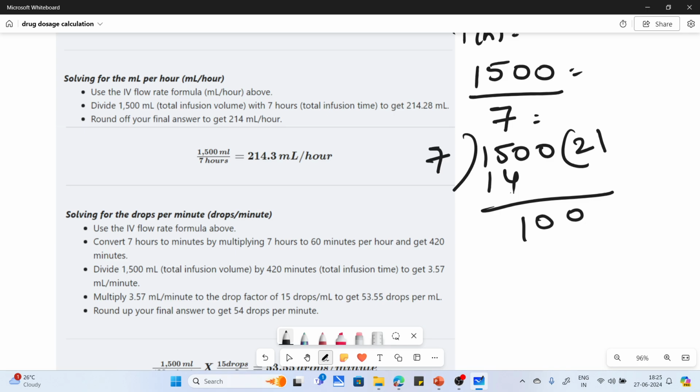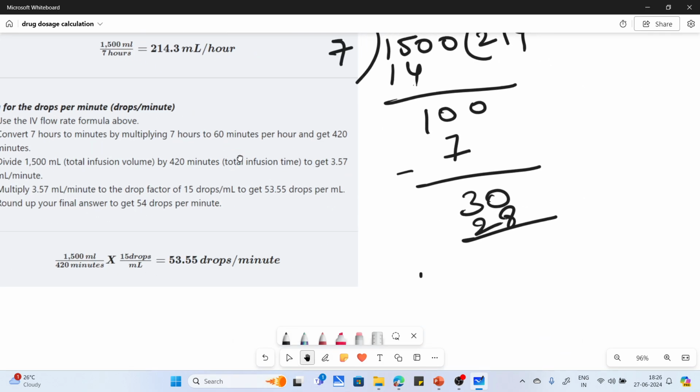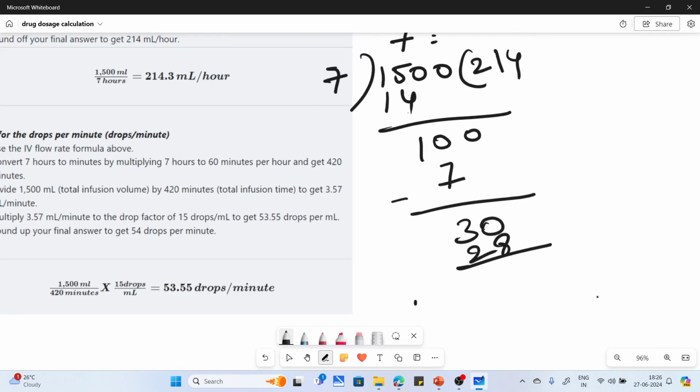So 7 ones are 7, then from 10 if we subtract we get 30, then 7 fours are 28, so how much do we get? 2 here, then we put a point and drop a 0 here, and 7 2s are 14, 7 3s are 21.